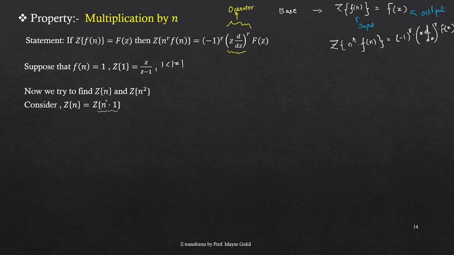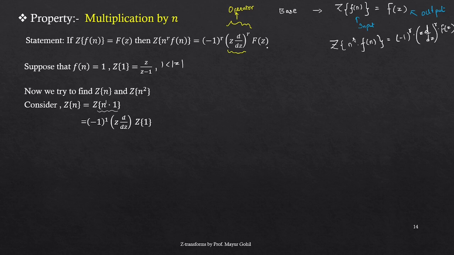So I use that property, which says minus of 1 to the power 1, z d/dz, and this F(z).